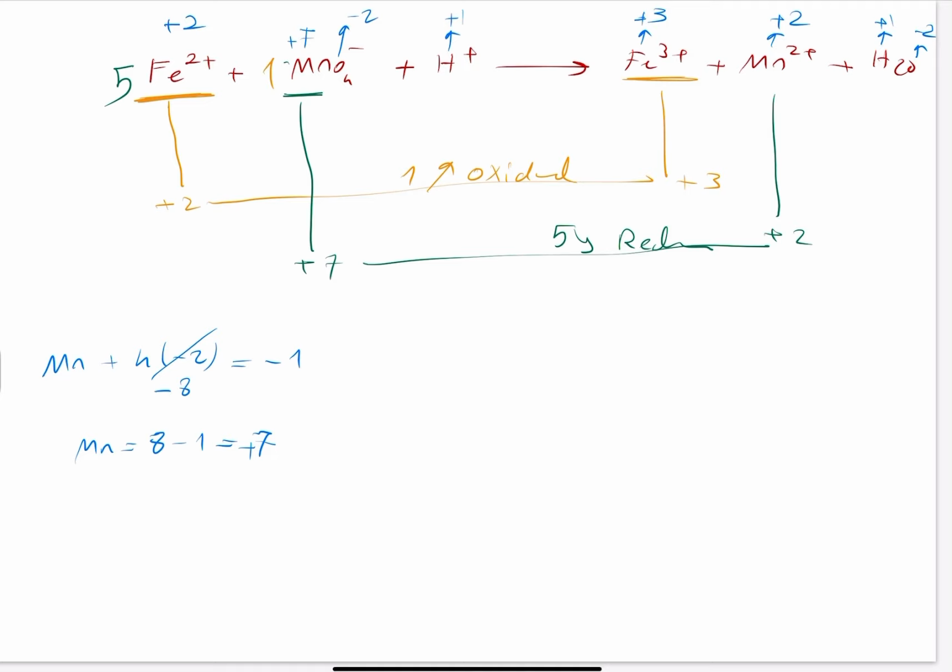Okay, we change this one. Now two of them are good, and we count how many irons are on the left side. We have 5 iron, and we put a 5 here. Excuse me, I write with the same color. And how many Mn do we have here? 1. We put 1 here.